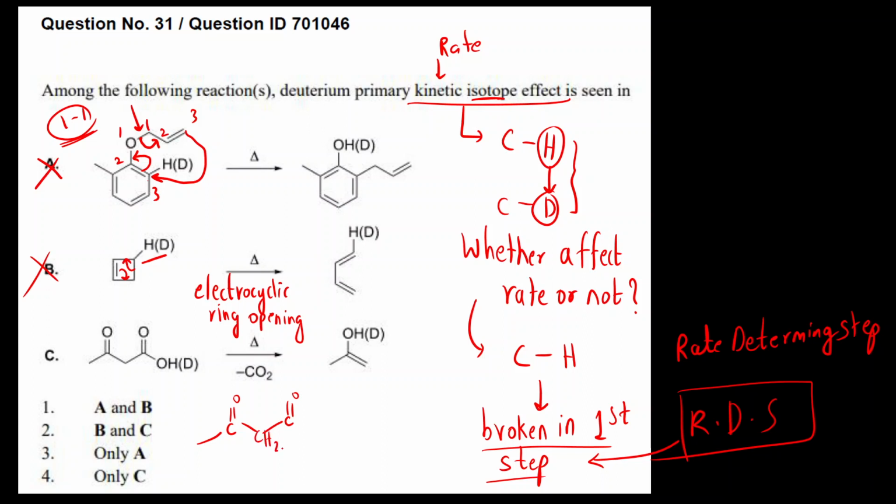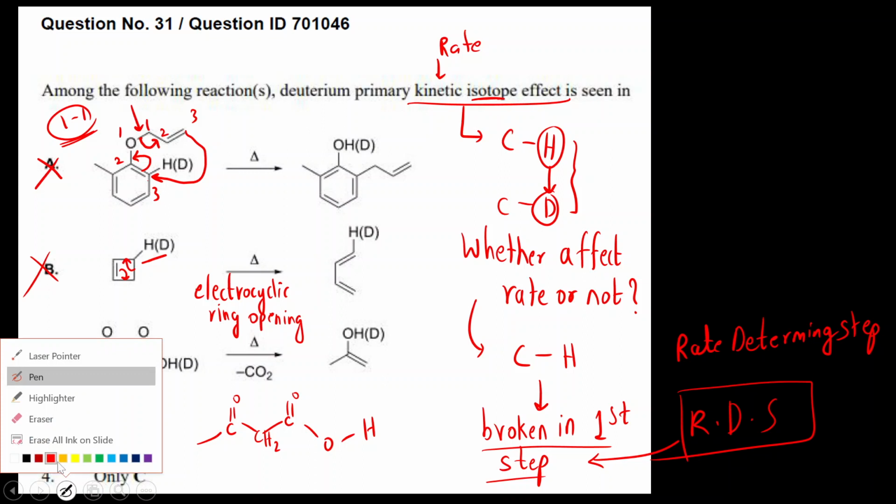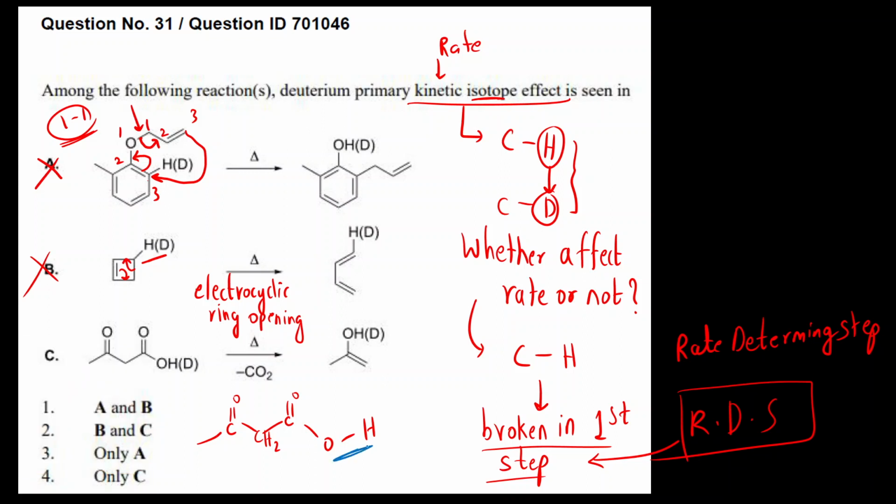Here there is CH2OH. Whenever there is decarboxylation, this OH bond will definitely break like this. Then only we will get carbon dioxide, that is removed. So the correct answer is only C, option 4.